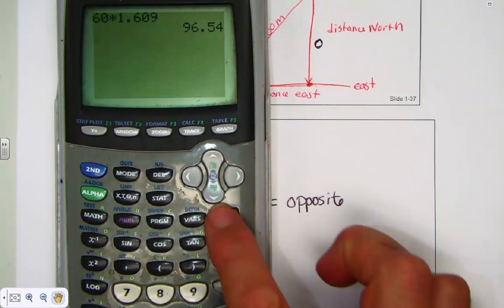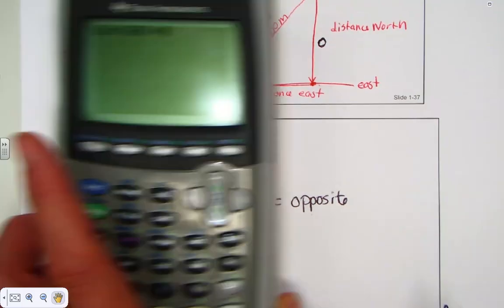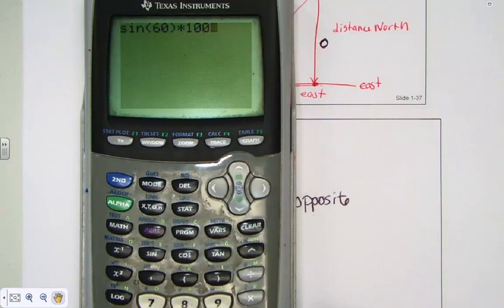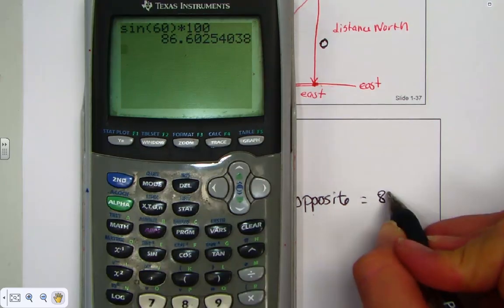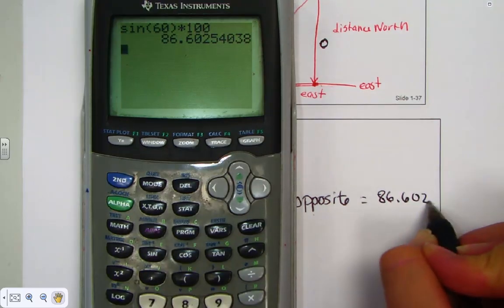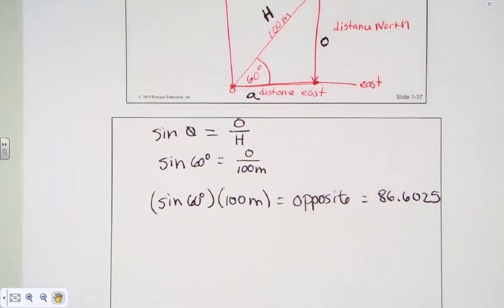Putting my calculator on, sine 60 degrees times 100 meters equals. And we get a value, and I'll write it down on my calculator just so we can see, 86.6025 and so forth.